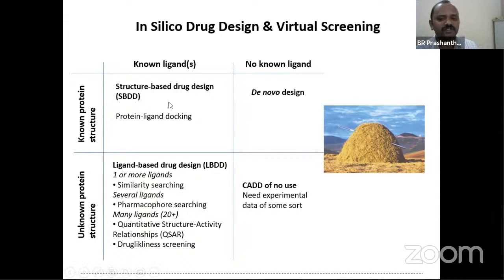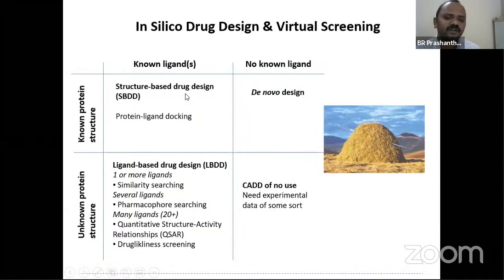This is a very straightforward and the easiest case in computational drug design, since you have information about both the protein and the ligand. We can do protein-ligand docking and simulations. In every case of computational drug design, artificial intelligence also comes into the picture, as it is today's forefront.